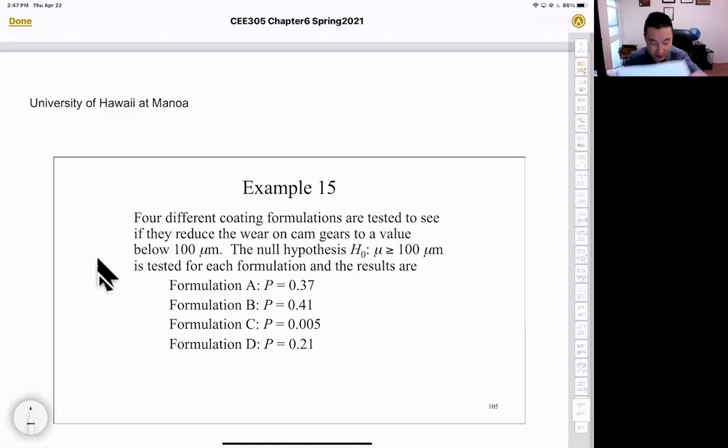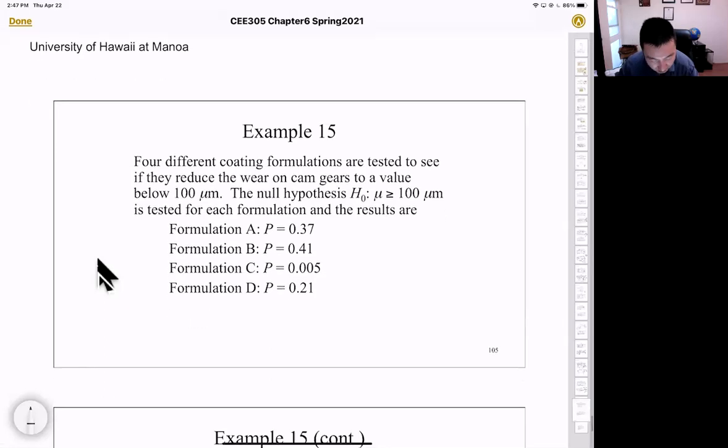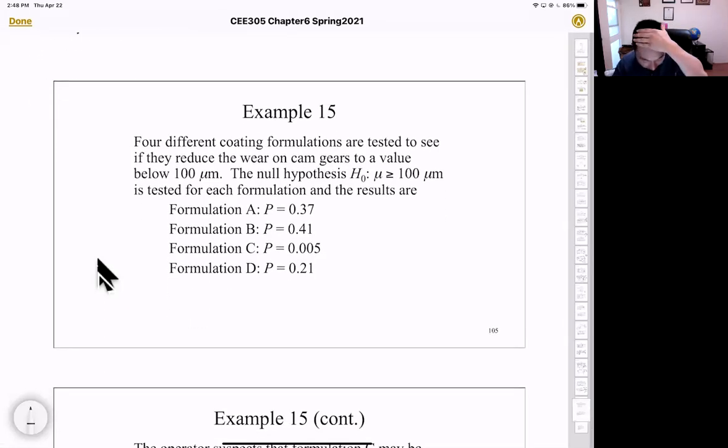And here is an example. Four different coating formulations are tested to see if they reduce the wear on cam gears to a value below 100 micrometers. So the null hypothesis, mu larger than 100 micrometers, is tested for each formulation.